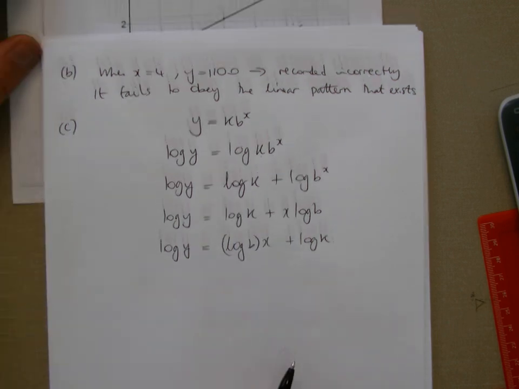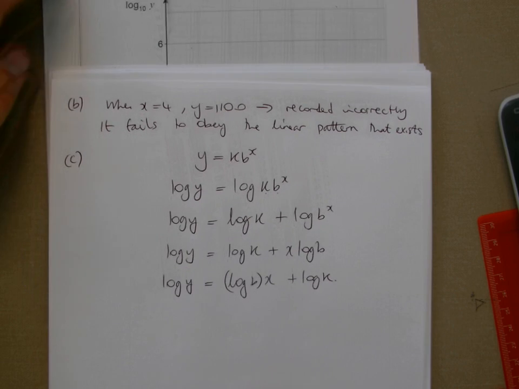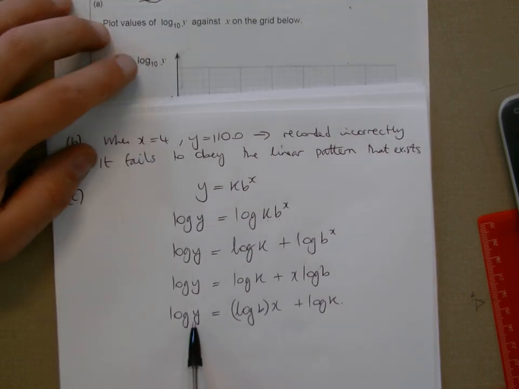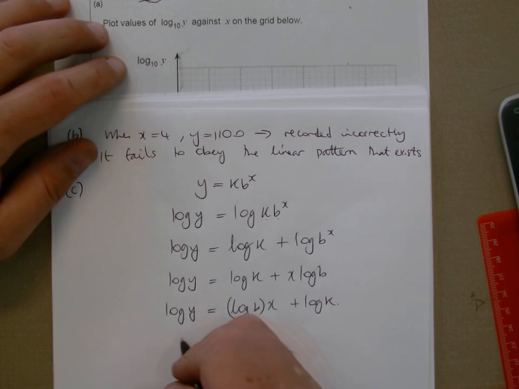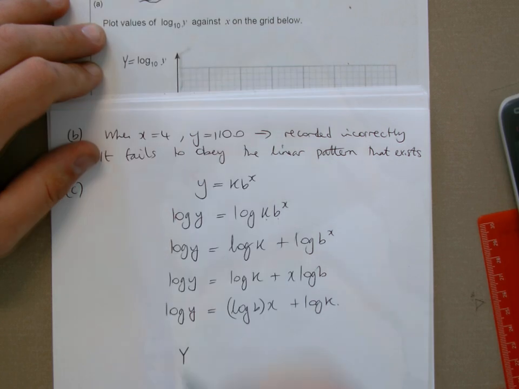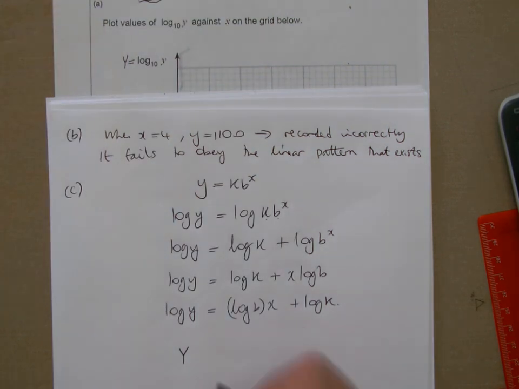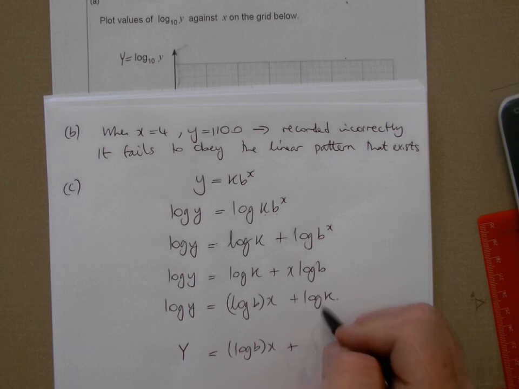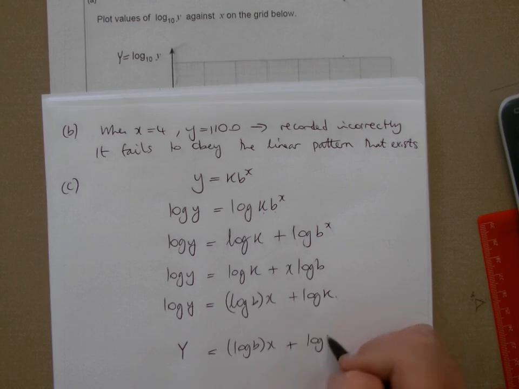Now, what I want you to appreciate is that log y is simply your y-axis. So I can call that capital Y, equals log b of x, plus then the log k.